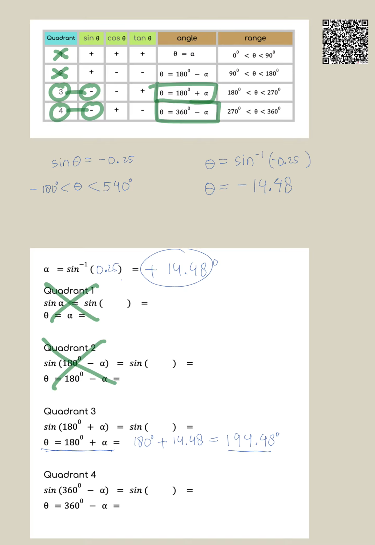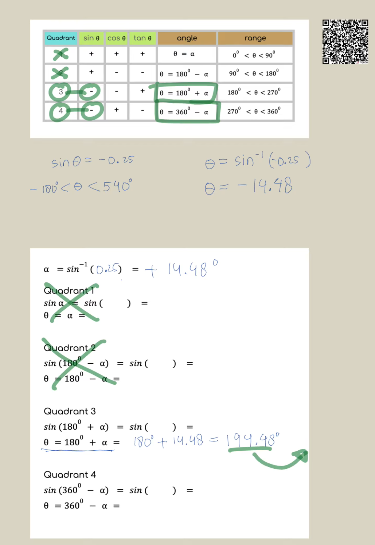Is this one of the answers? Yes, because it's definitely between negative 180 and 540 here. Do we need to find another answer? Yeah, we can try out either we add 360 or we minus 360.